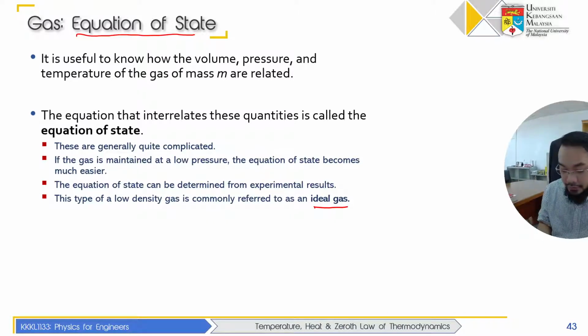This approximation is only applicable at low temperature. If the thermodynamic process is occurring very near room temperature, or plus minus 100 degrees, it should be okay as long as the pressure is considerably low.